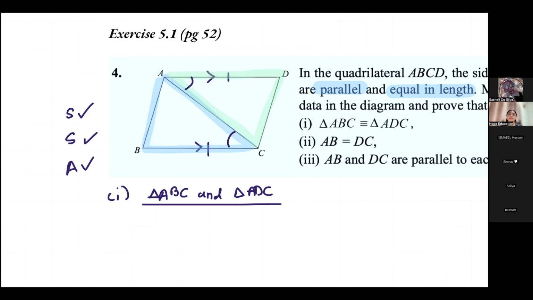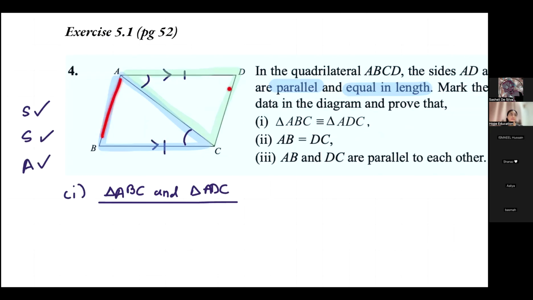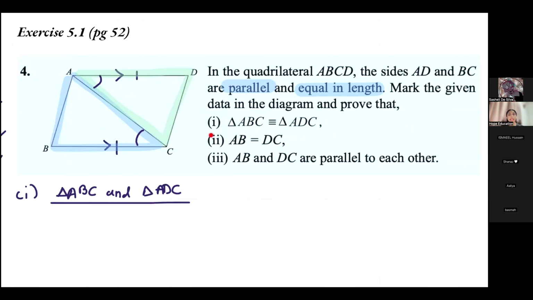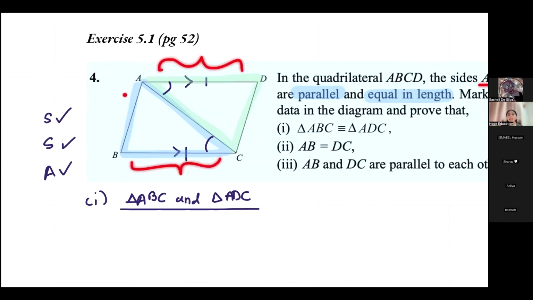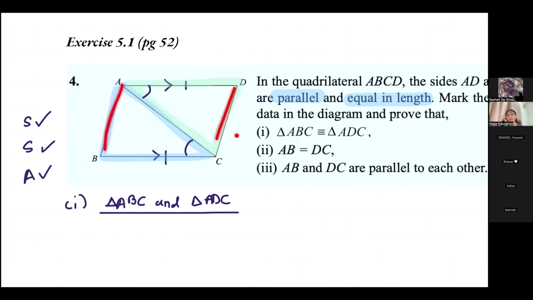AB and DC, how can you say that they're equal? They are parallel. They don't say they are parallel. AD and BC, which is this and this, are parallel. But they don't say that AB and CD are parallel. And they also don't say that they're equal. So we can't use that.